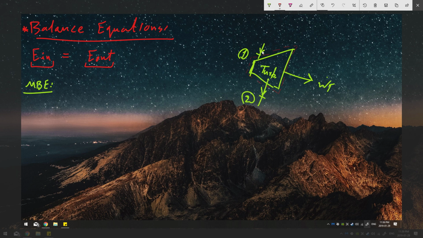You can see that 1 is crossing in, 2 is crossing out, WT is going out also, it's crossing the boundary. So when it comes to mass balance, all we have flowing in and out is mass 1 and mass 2. So for the input, E in, m dot 1, m dot because it's a flow, remember that, it's an open system.